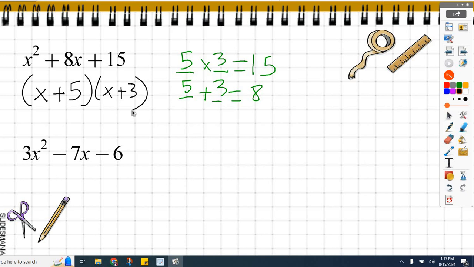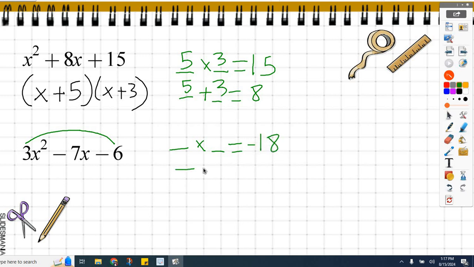If you like the rainbow method, then that's fine too. But what we're doing this time is I have to take A, which is 3, multiply it by -6, which is C, which is why we call it AC, because you're multiplying them together. And we're doing the same thing. So what's A times C?